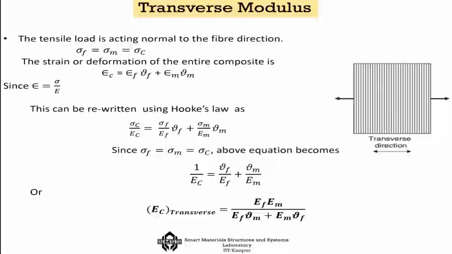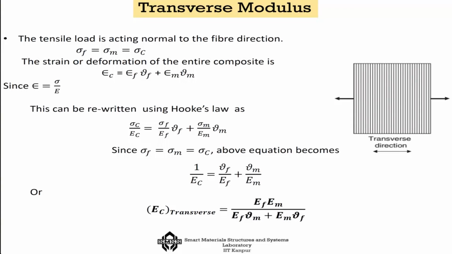In this particular case, as you can see, the tensile load is acting normal to the fiber direction. Since the same load is passing, the stress is the same now: sigma f equals sigma m equals sigma c. In this particular case, you can write that sigma c over EC is sigma f over EF VF plus sigma m over EM VM, and since sigma f equals sigma m equals sigma c, I can cancel all of them.